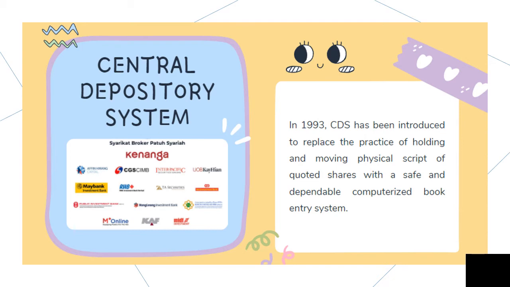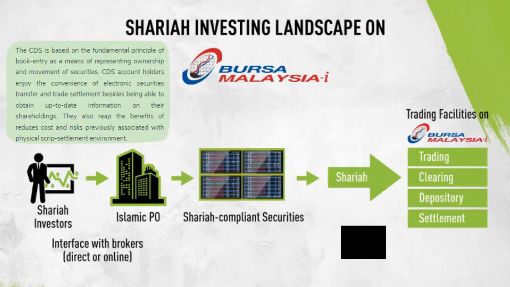Previously, very long time ago, transactions used the traditional way, for example delivering the certificate, making an order through call or fax, and so on. So from 1993 onwards, CDS has been introduced.